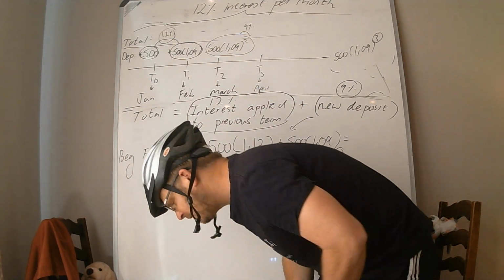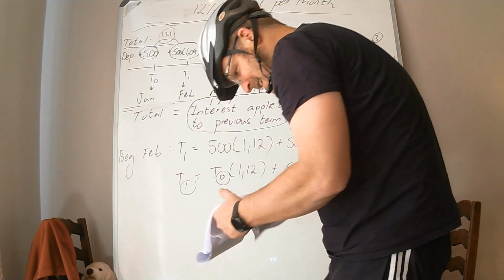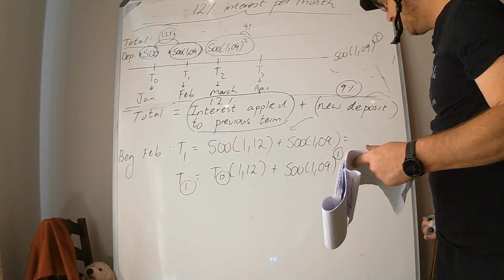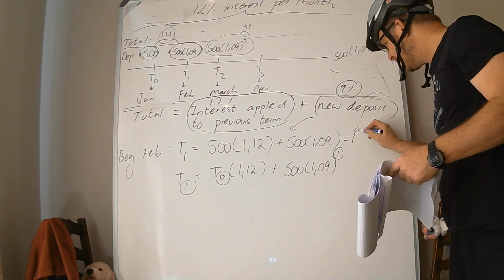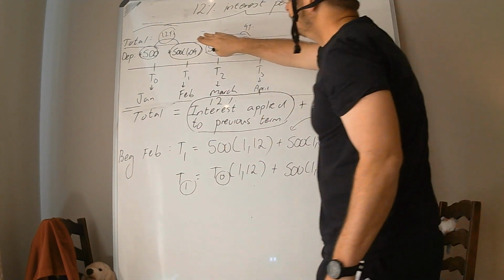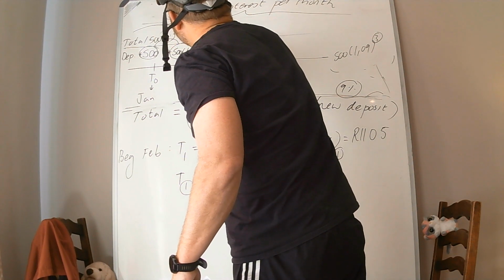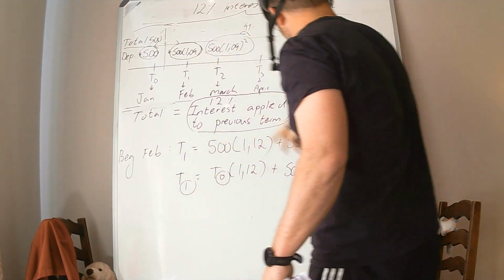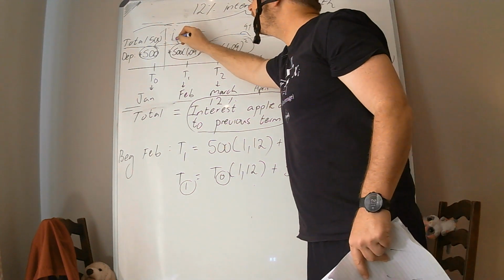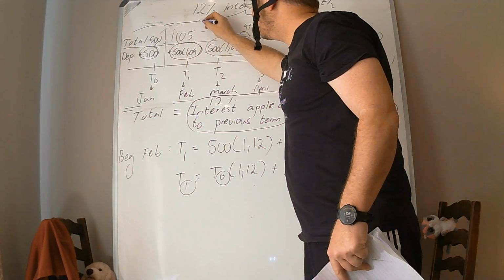Just do a bit of calculator work, Amira, and how much money was in the account at the beginning of February? You should get an answer of 1,105 Rand. So here it was 500, and at T1, your total is 1,105 Rand.